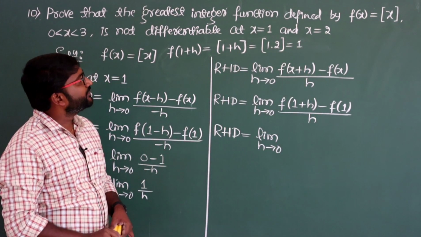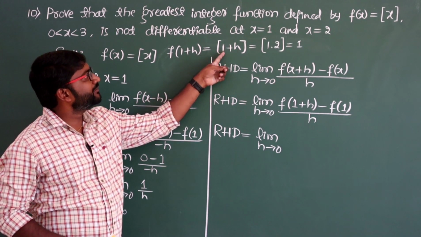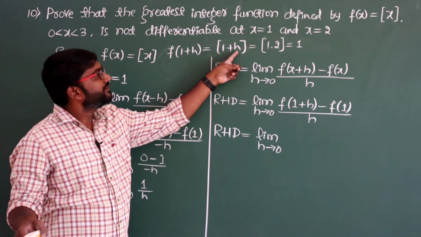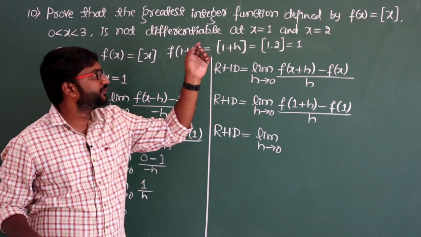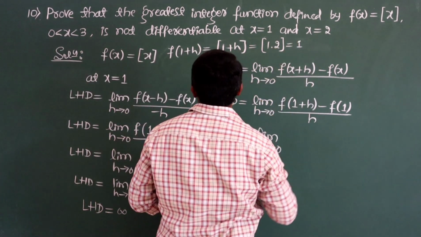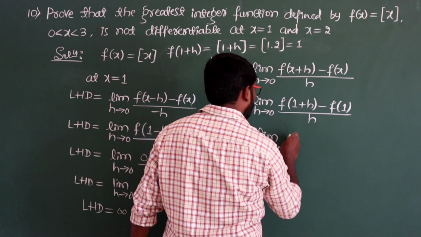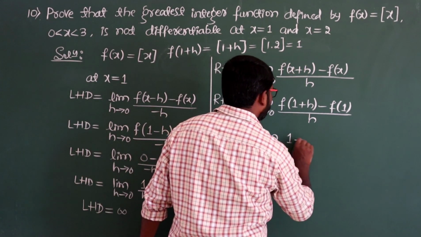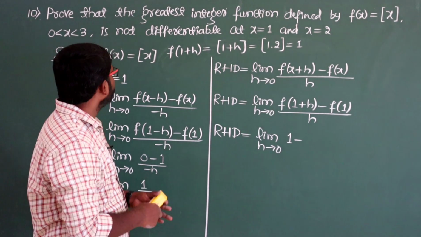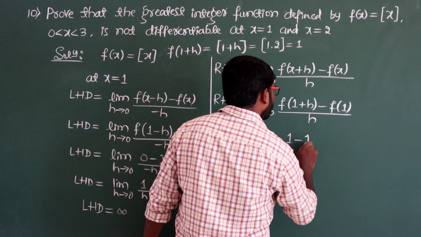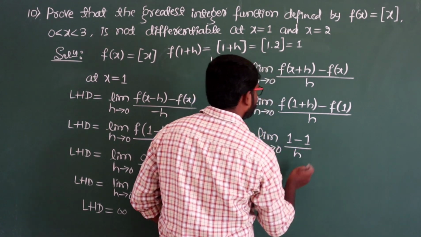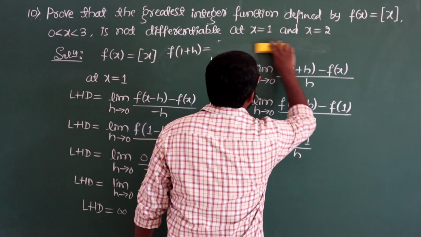So here you have to remember that the greatest integer of 1 minus h will be 0, and the greatest integer of 1 plus h will be 1. This is how you need to remember this. So the value of f of 1 plus h is 1, then minus f of 1. Replace x by 1, the greatest integer of 1 is 1, divided by h.